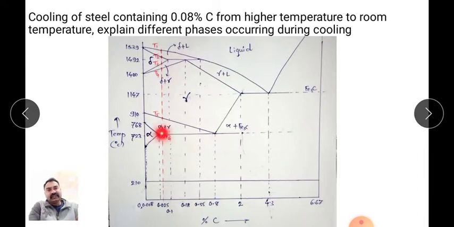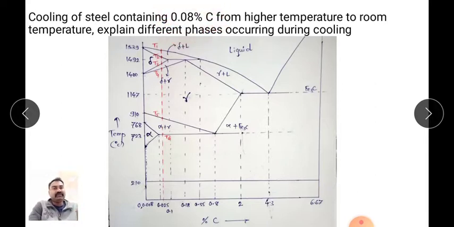Next, this point is also intersected on the x-axis, which represents 0.025% carbon, and next to that this point on the x-axis is 0.1% carbon. So in between 0.025 and 0.1% carbon there will be 0.08% carbon.